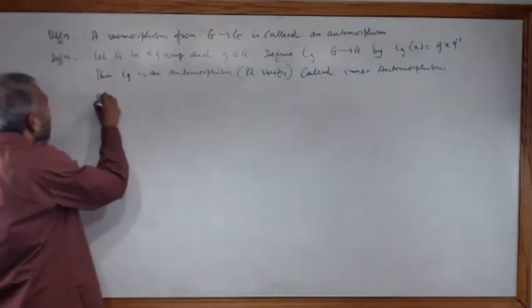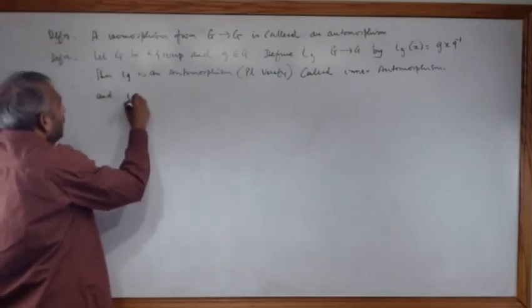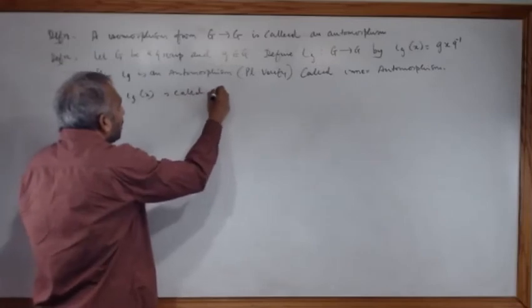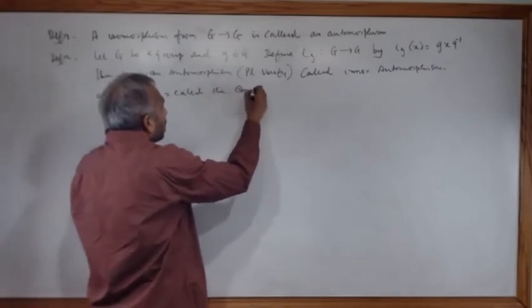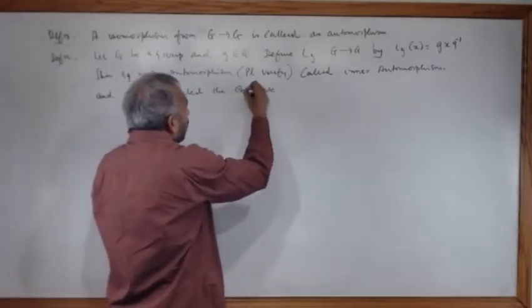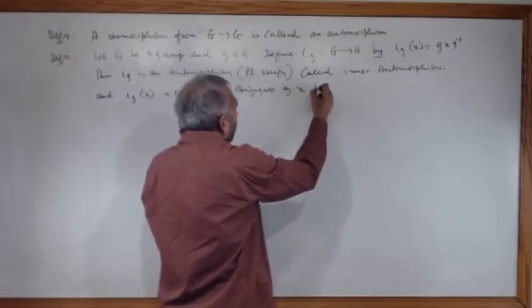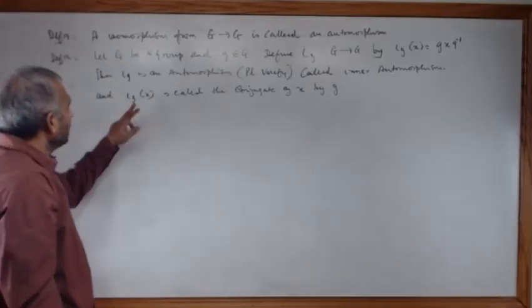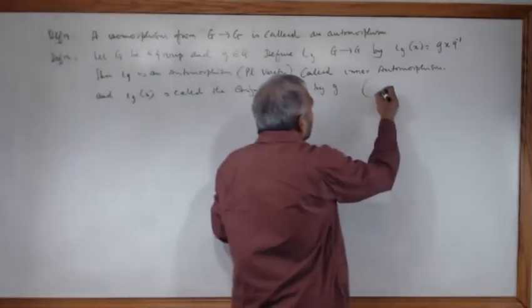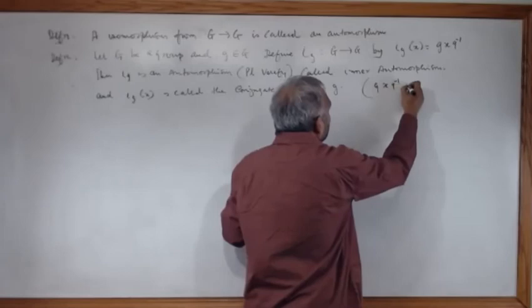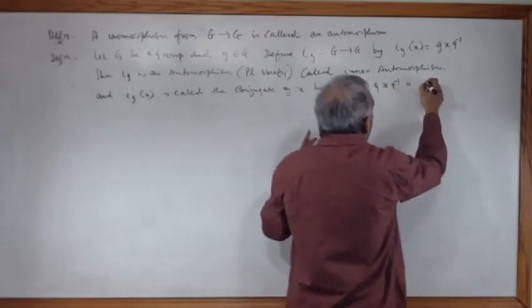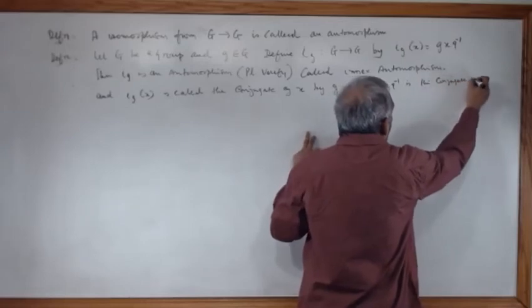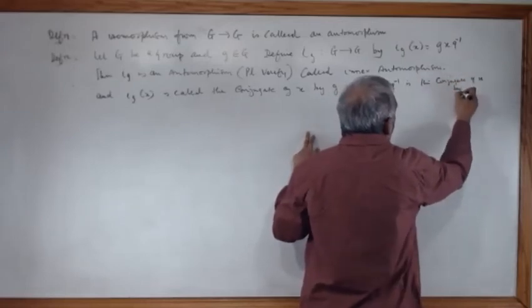And ig of x is called the conjugate of x by g. That means gxg inverse is the conjugate of x by g.